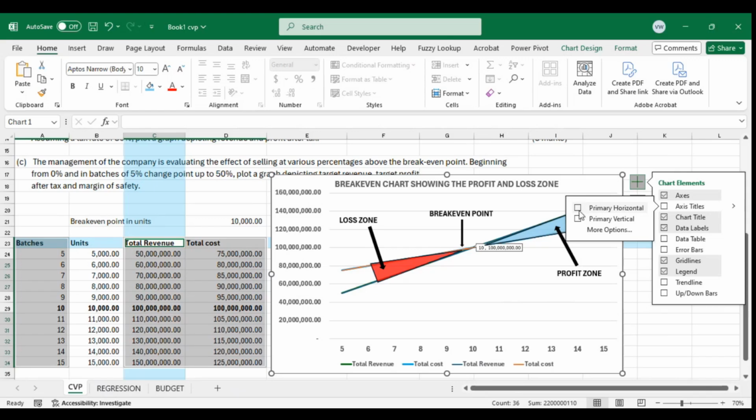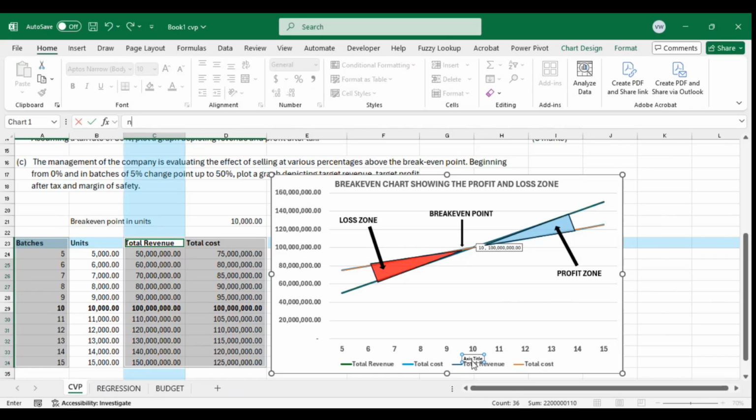Under the axis title, I can have the primary title, and I'll call this number of batches produced.